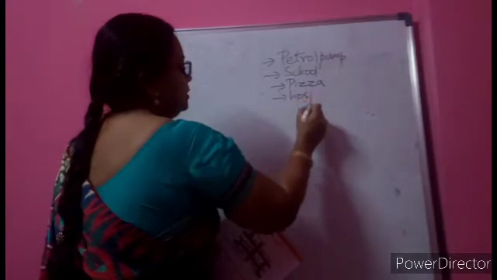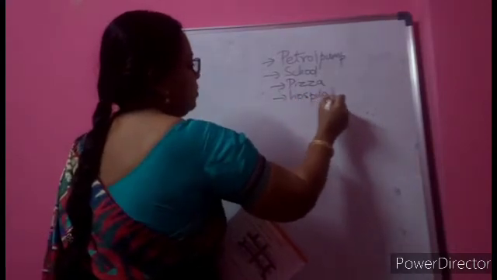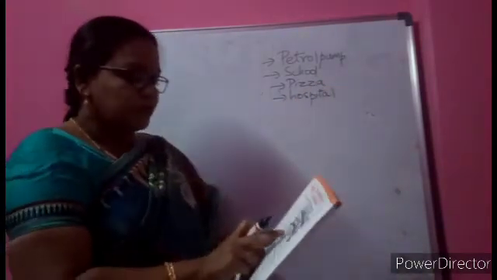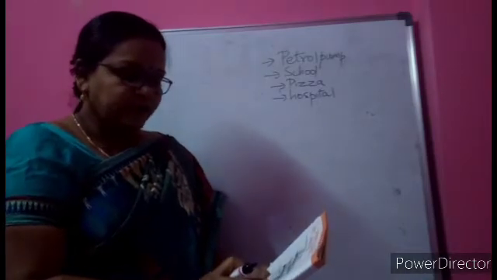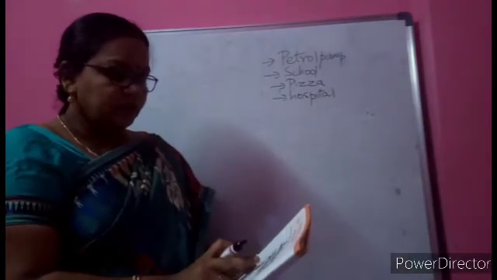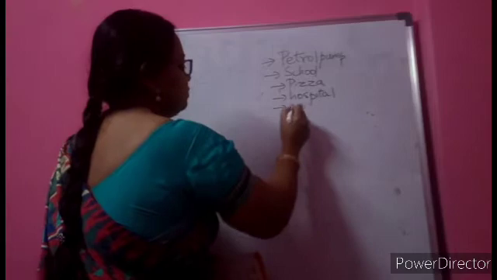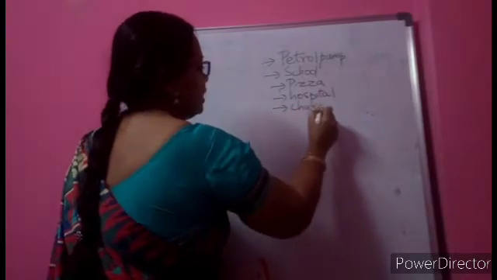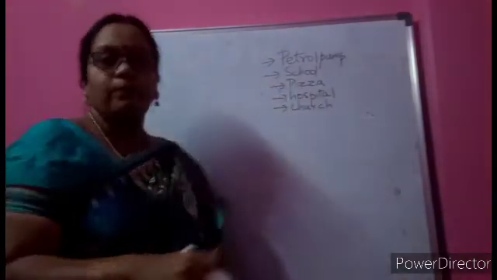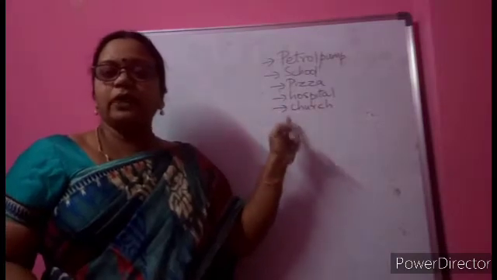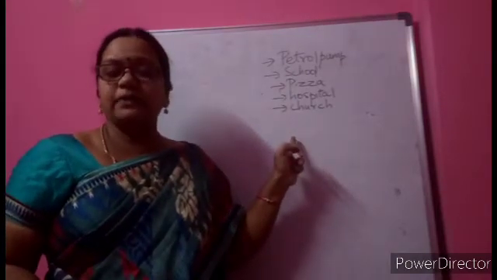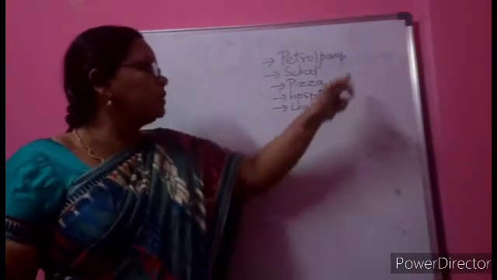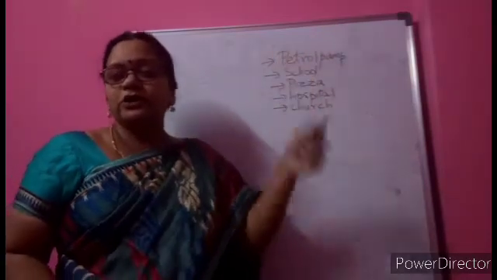So like that you can find some more also. Just I am writing 4. You can see there is a fire station, church, many are there. So let us write church also. 5 I have chosen. Like this only I am telling. From your home map, you can write at least 5 landmarks, and from any one landmark you guide your friend to reach your home.